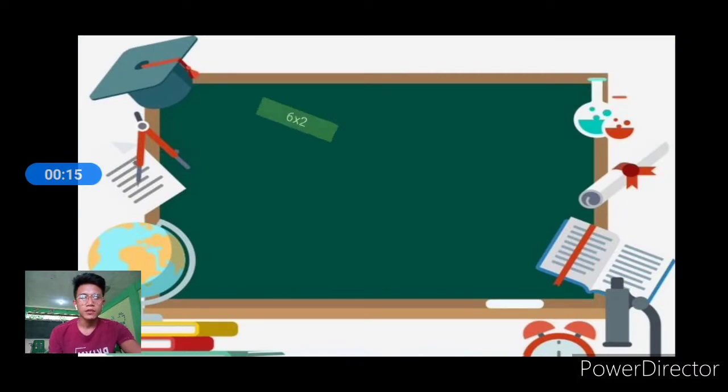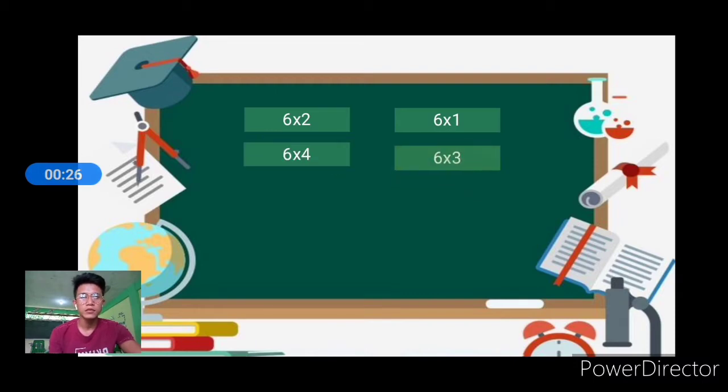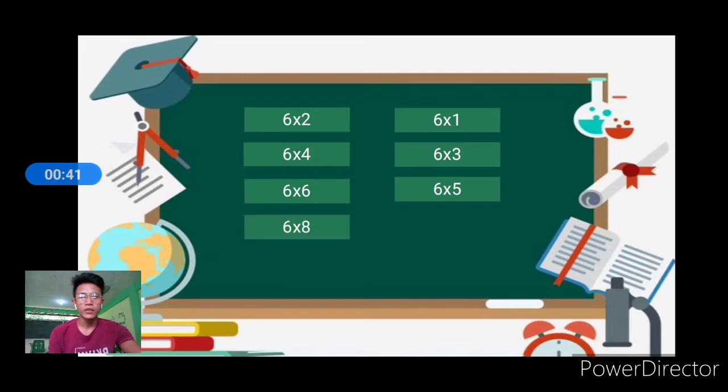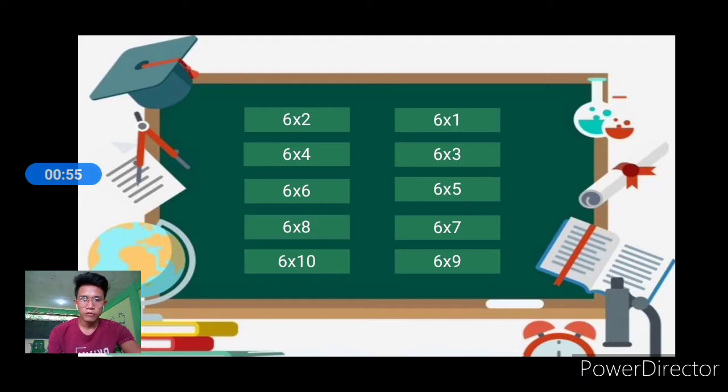Very good. 6 times 2 is equal to 12. 6 times 1 is equal to 6. 6 times 4 is equal to 24. 6 times 3 is equal to 18. 6 times 6 is equal to 36. 6 times 5 is equal to 30. 6 times 8 is equal to 48. 6 times 7 is equal to 42. 6 times 10 is equal to 60. And the last but not the least, 6 times 9 is equal to 54.